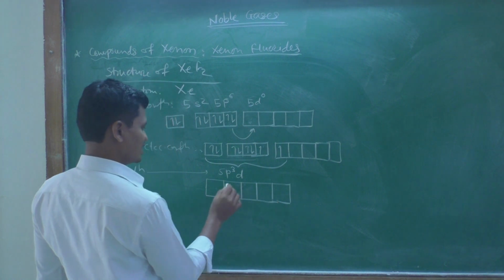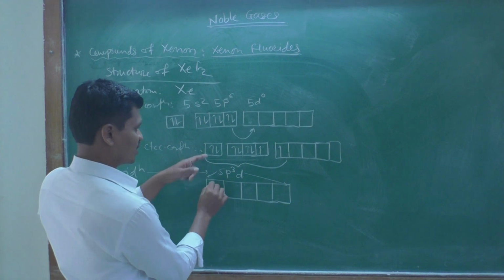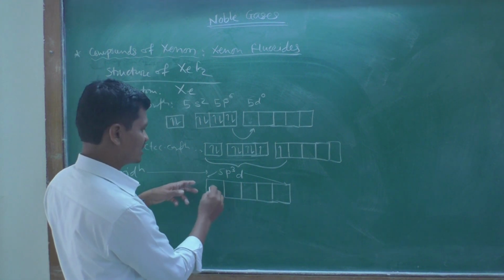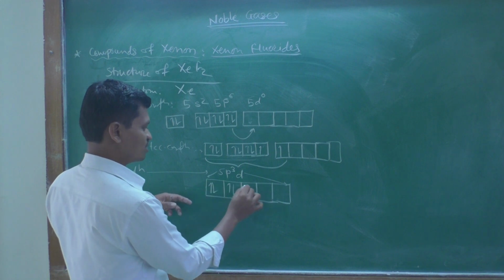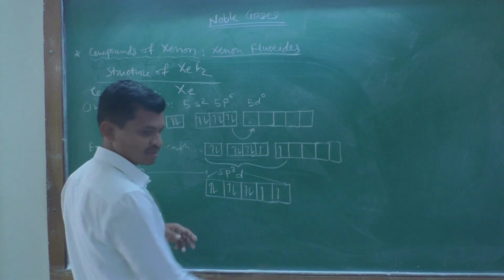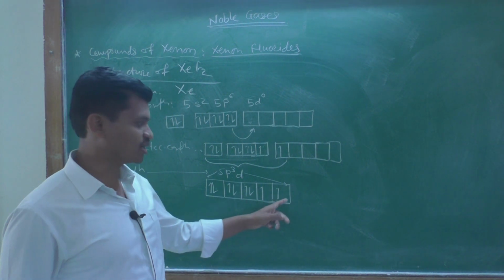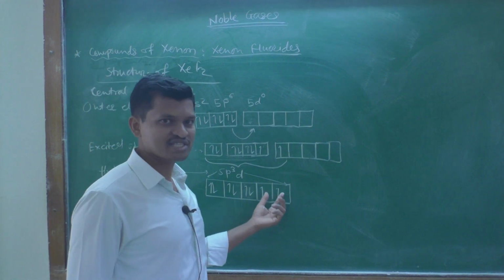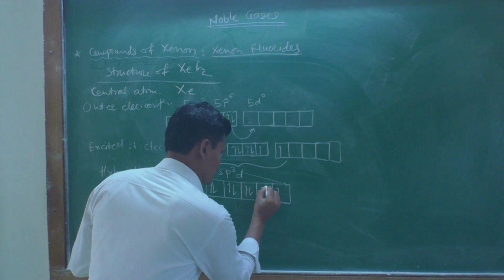So all these are sp3d hybrid orbitals, and in these hybrid orbitals, 3 orbitals are having lone pairs 1, 2 and 3, while 2 are having single electrons.